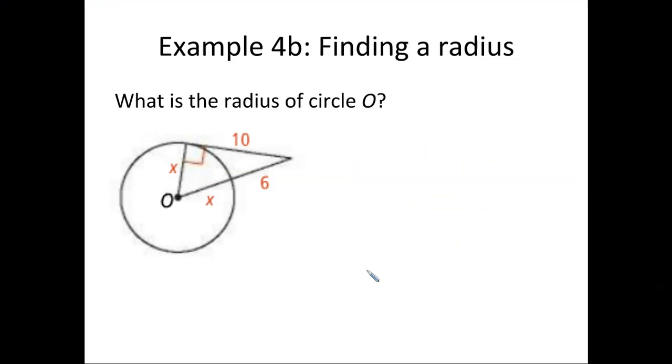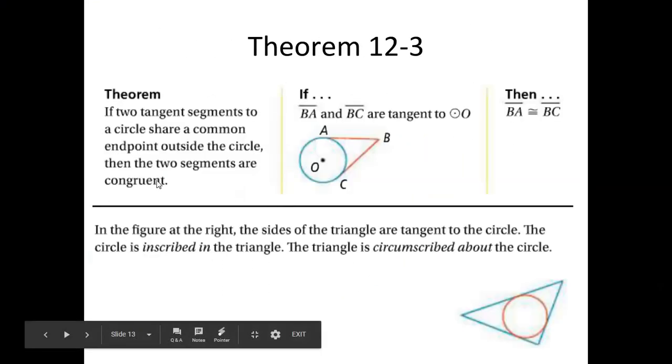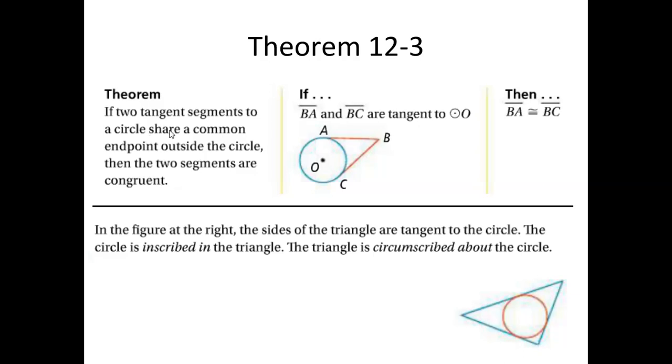All right. Next, Theorem 12.3. If two tangent segments to a circle share a common endpoint outside the circle, then the two segments are congruent. This is what I call the cone head problem, because if you've ever seen the movie Coneheads, their heads are shaped like a cone. In order for them to not look funny, or funnier than they are, the two sides need to be the same length.